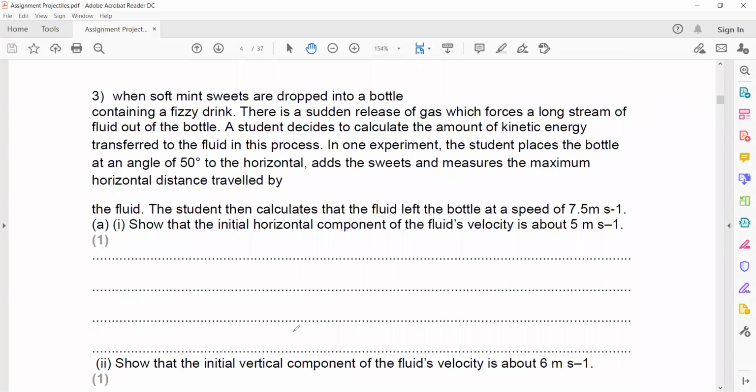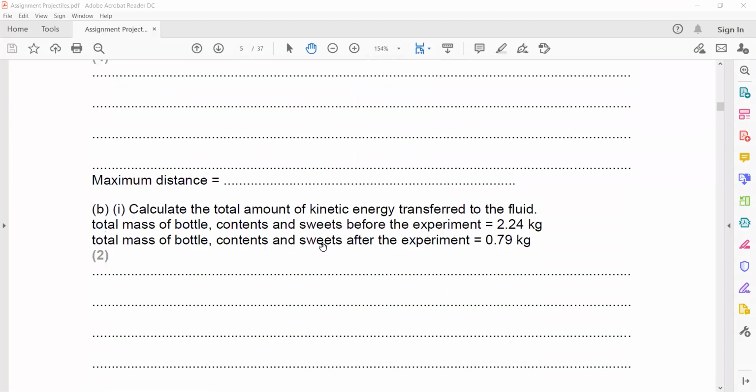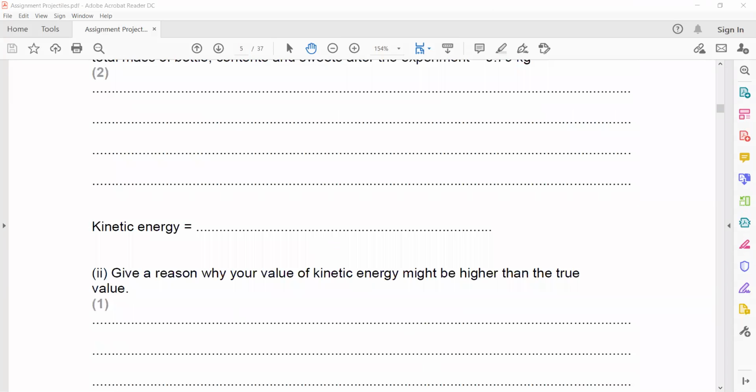When a soft mint sweet is dropped in the bottle, the liquid will come out and follow a projectile motion. What they're asking in the question is why the value which we calculate might be higher than the true value or might be lower than the true value.